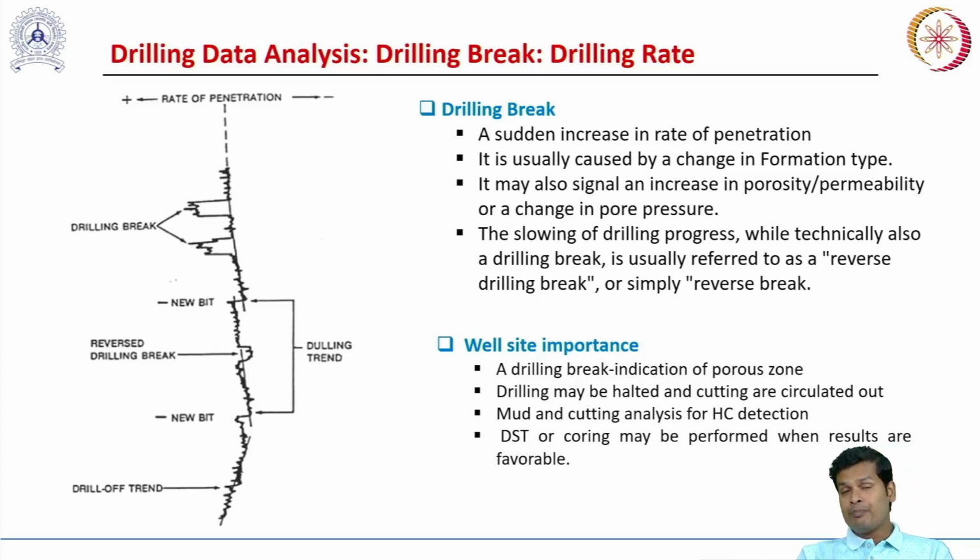If a good oil and gas zone is found, the driller may decide whether to go for a DST operation, or he may decide to do a coring operation. So the decision on coring may be taken on the basis of the drilling data analysis, to take a core sample which could be analyzed to give you an idea about the porosity and permeability of the formation.